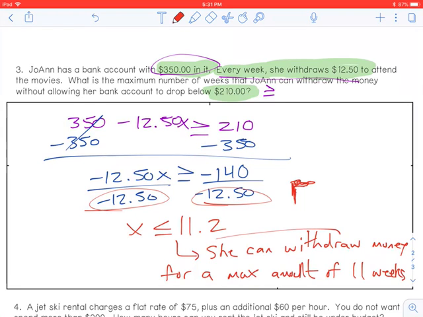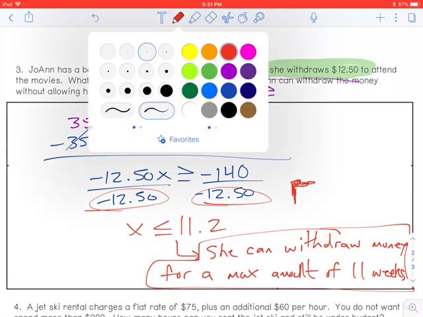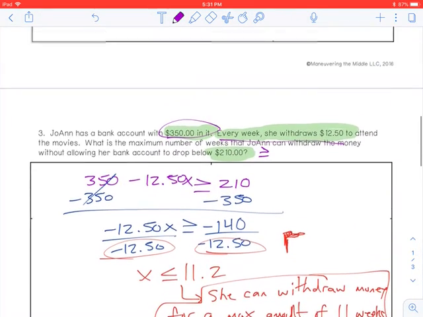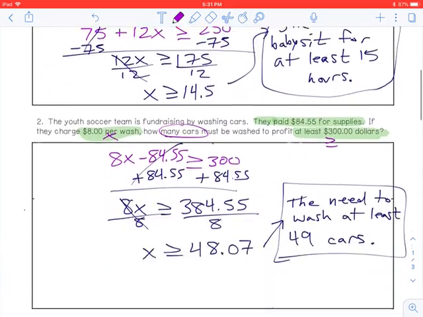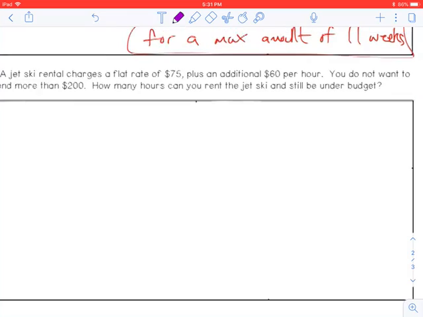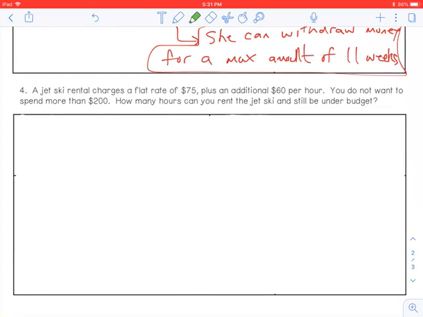And then she's going to have to figure out something else. She's got to get a job or maybe just stop going to the movies as much. Okay, so hopefully that helps a little bit. Again, we can talk about that more tomorrow, but for now, I want you to go ahead and try this one. So if you need to pause and write this down, you can.